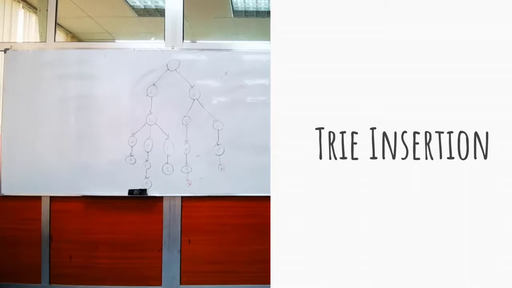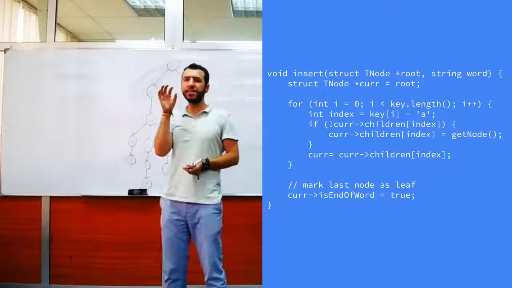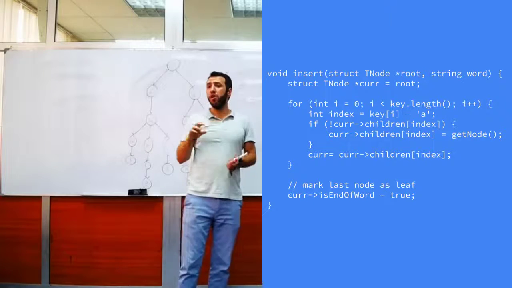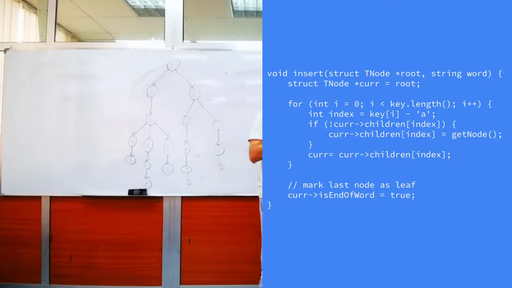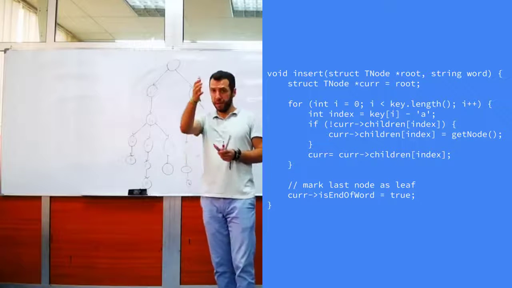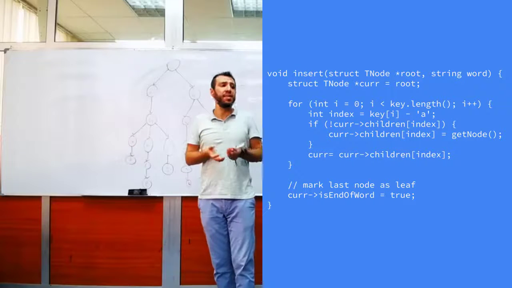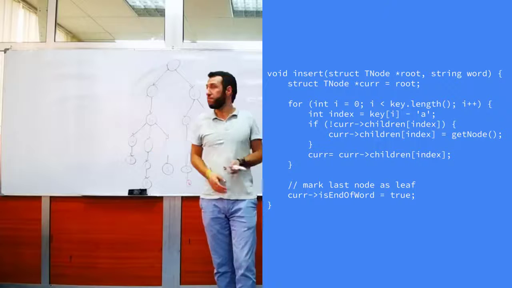Now let's take a look at how the insertion is going to look. We start from the root node and the first character of the word. Then we look for the index of that letter. You can have different representations of your children, but it makes sense to represent them in an array.